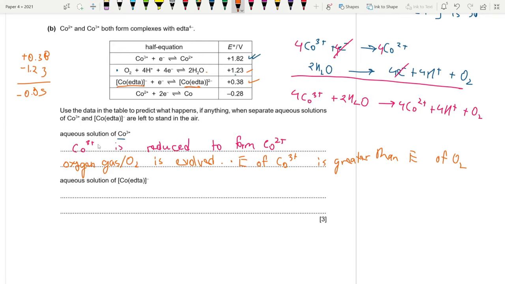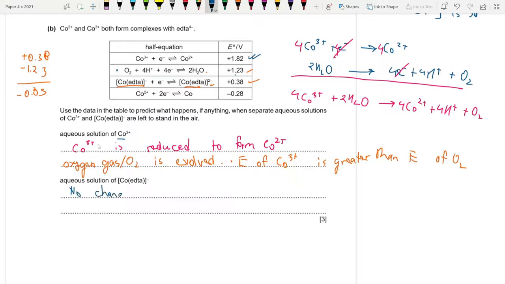On the other hand, you could say that copper EDTA 2 minus could be reduced to form copper EDTA minus. Okay, 2 minus forms minus. So the reaction down below is actually not feasible. So it's not good.